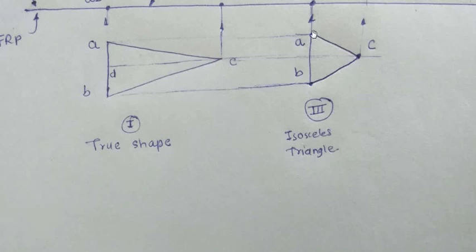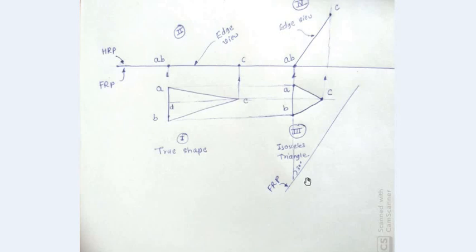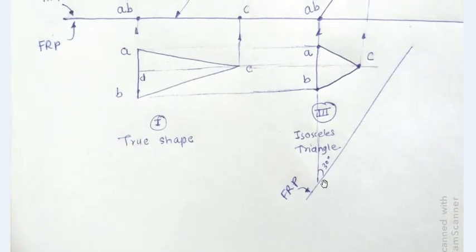It will be constructed as per the given data, and the given data is base AB is inclined at 30 degrees to FRP. So this FRP will be constructed in top view at an angle of 30 degree to this extended base AB. So this is the construction of FRP at given 30 degrees with base AB.